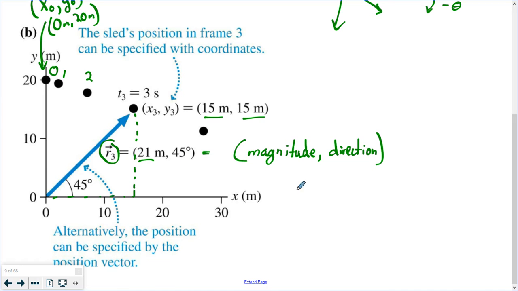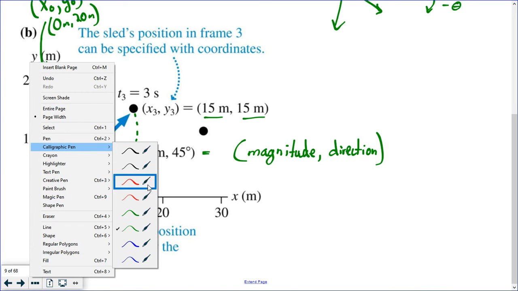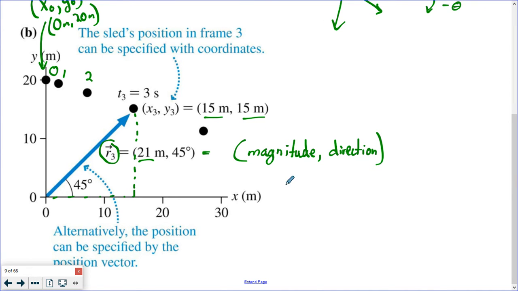Another way to write a vector is this. We can take our r vector, and we can write it like this. I can say r3 equals, and we put it in triangular brackets like this. Instead of smooth parentheses, which would be for a coordinate label, for a vector, use triangular brackets, and we can put 15 meters, comma 15 meters.